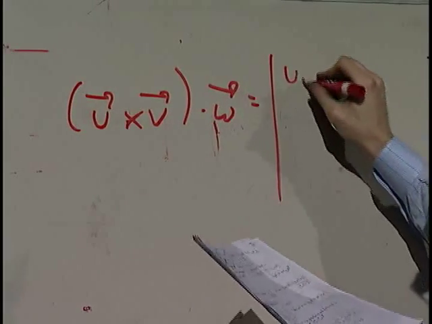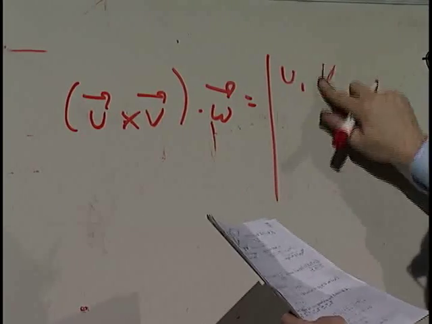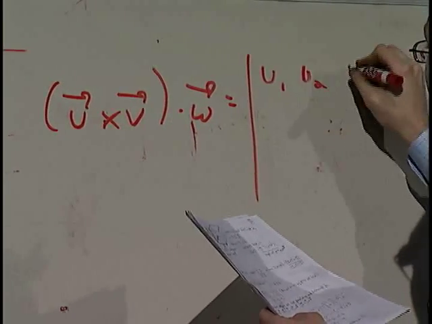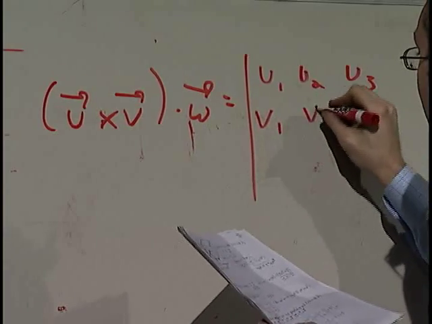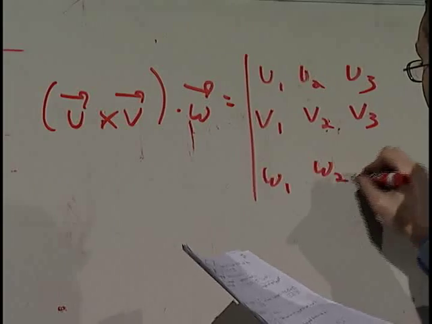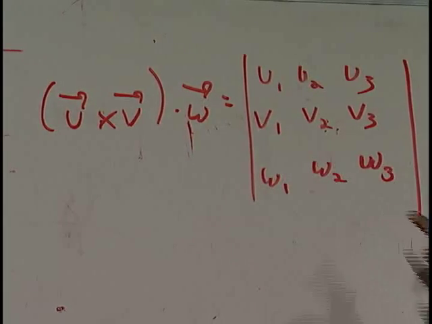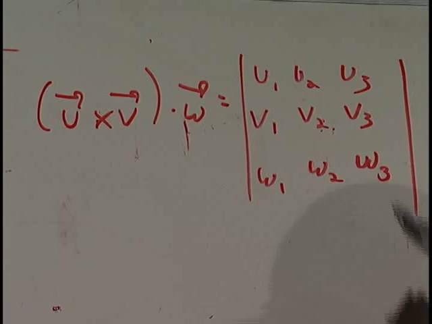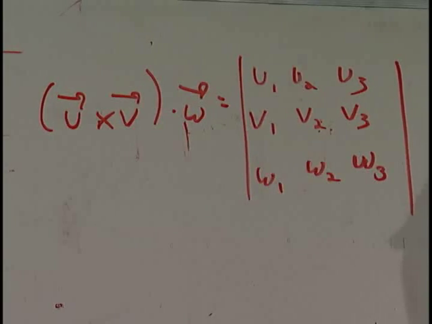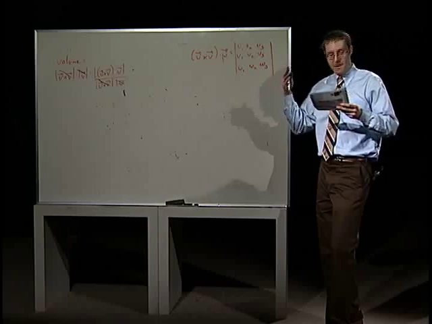It is the determinant with rows U1, U2, U3, V1, V2, V3, W1, W2, W3. It is that 3 by 3 determinant here that we care about. And again, notice there's no I, J, and K across the top here. This is a scalar, not a vector.